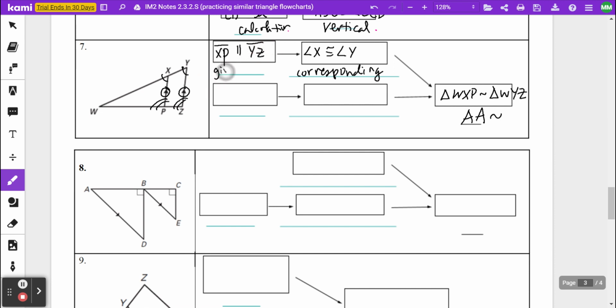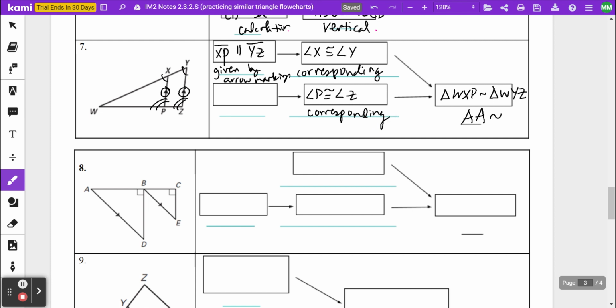That's given by arrow markings. All right. And now we can say that angle P is congruent to angle Z because those are also corresponding.